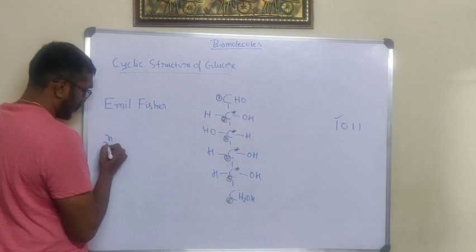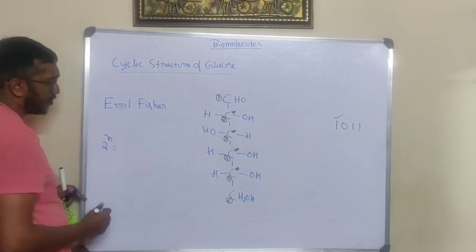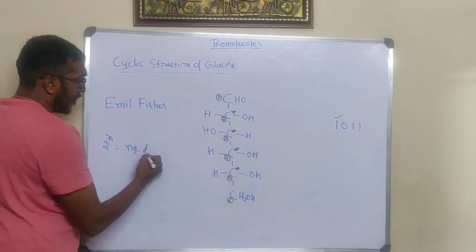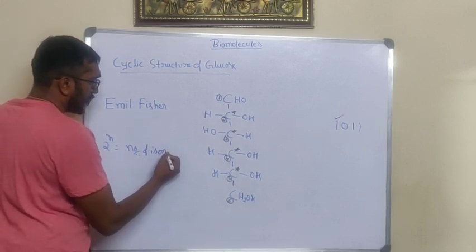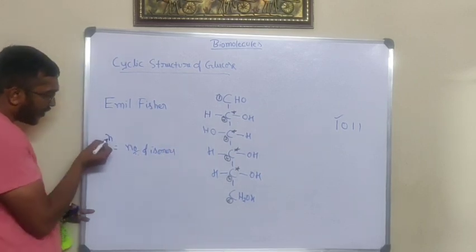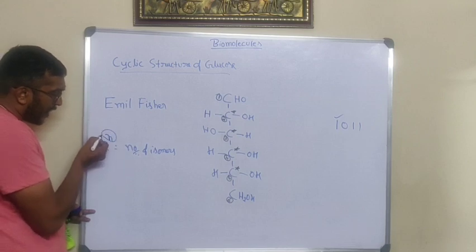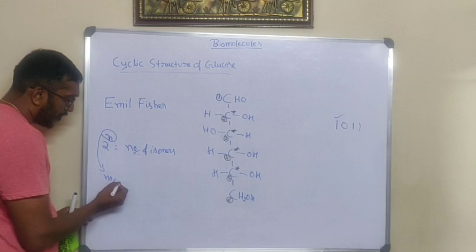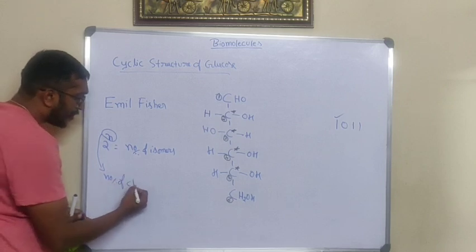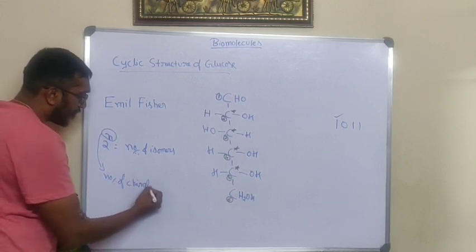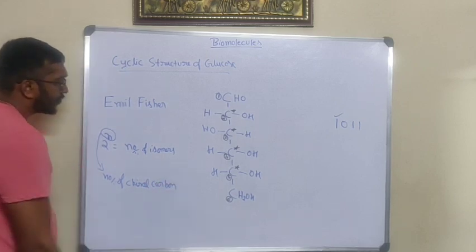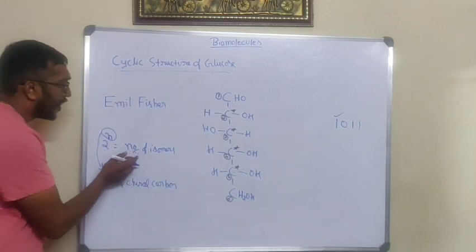Number of isomers is equal to 2 to the power of n, where n indicates the number of chiral carbons.